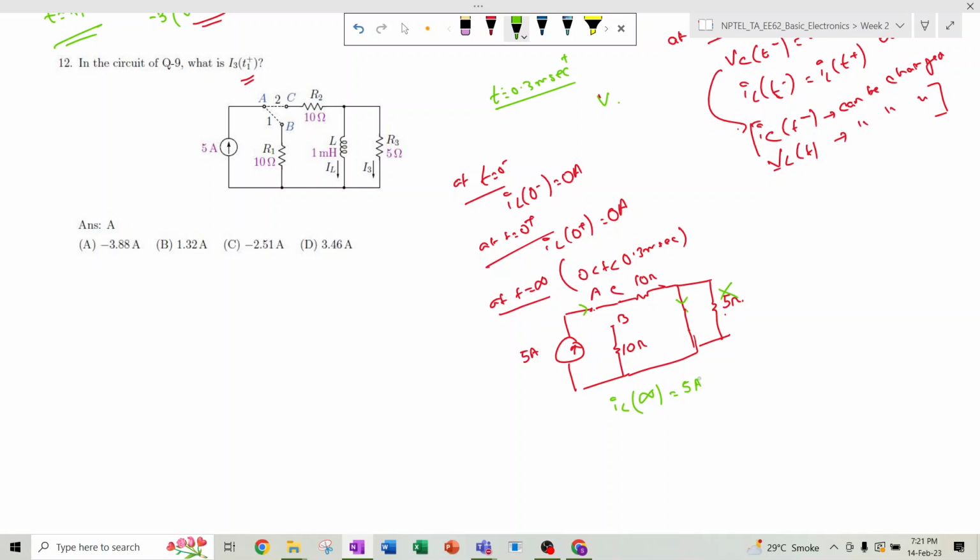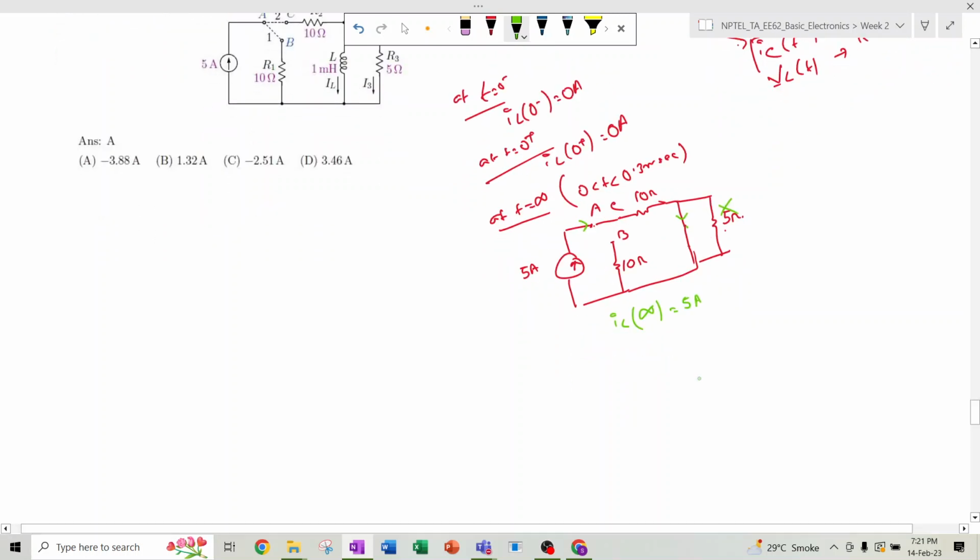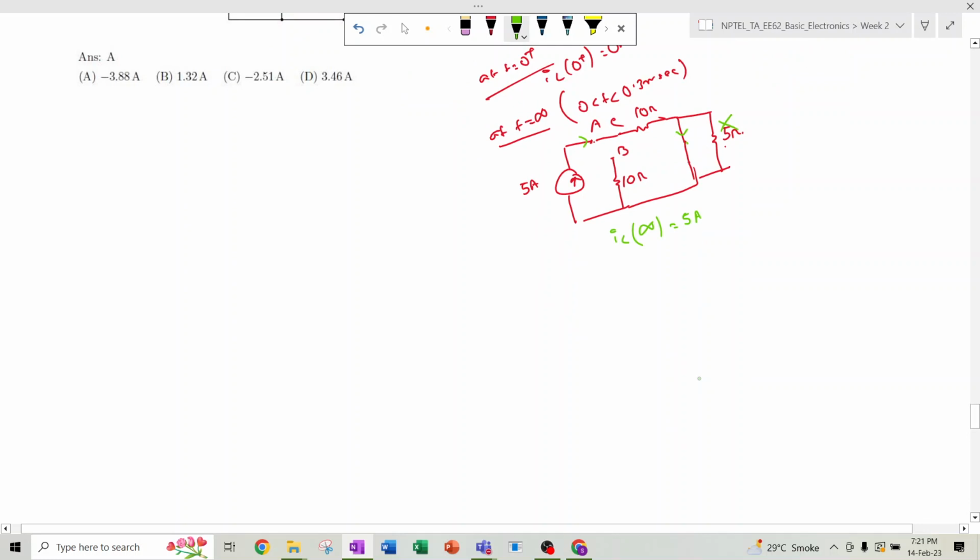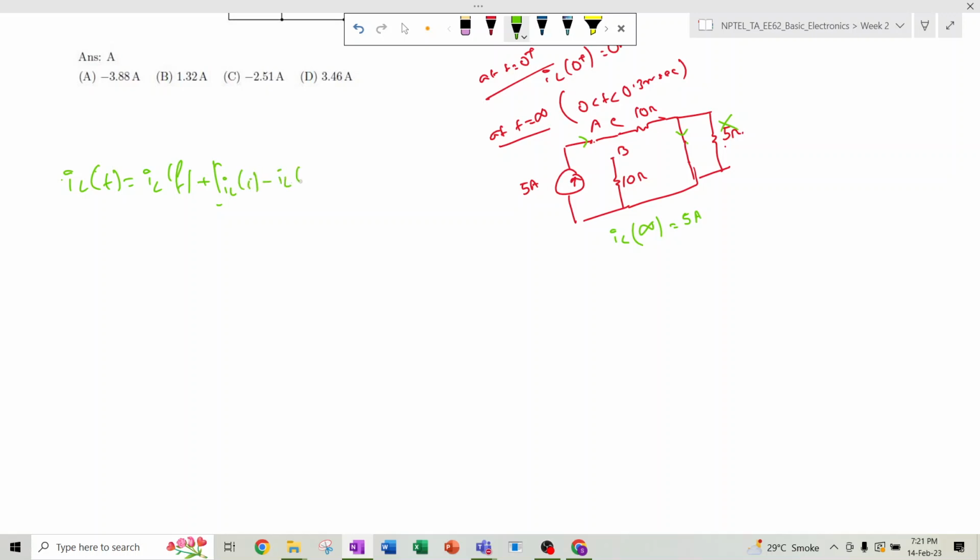Okay, so for this circuit, the IL of t will be final value plus initial value minus final value into e to the power minus t by tau.